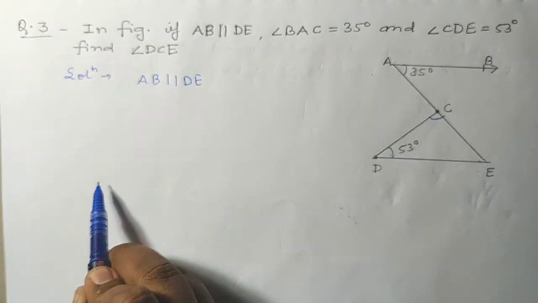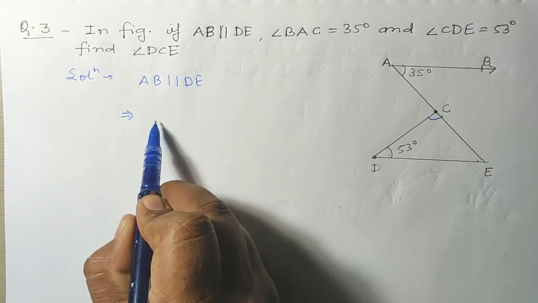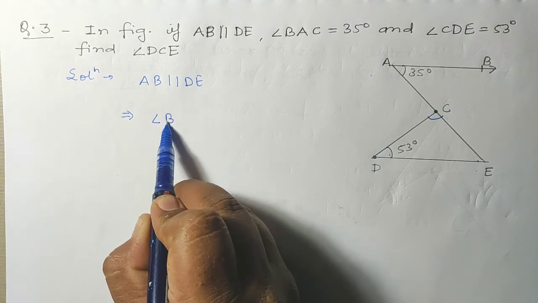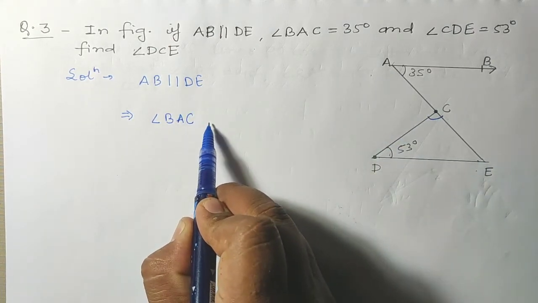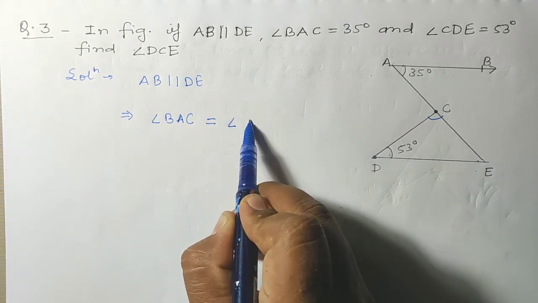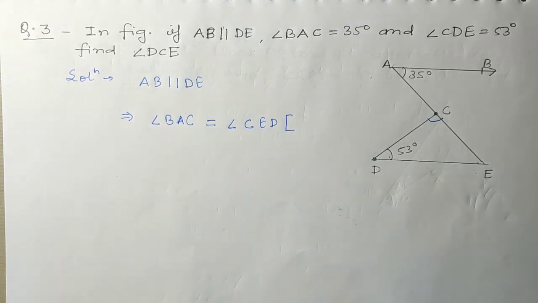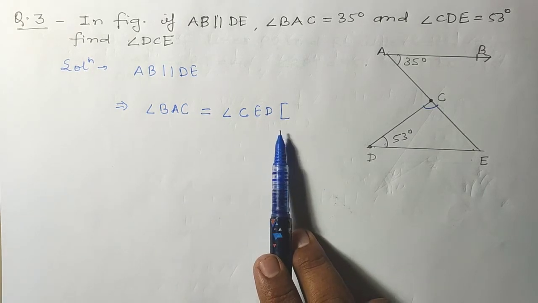So if AB is parallel to DE, it will imply that angle BAE, or you can say angle BAC, is equal to angle CED. What is the reason behind it?